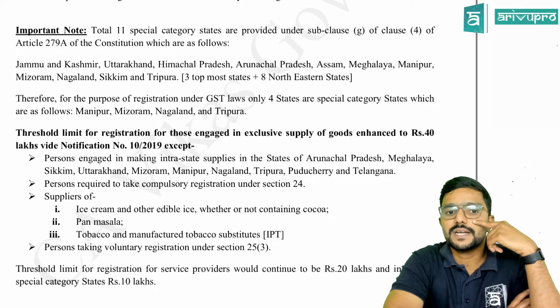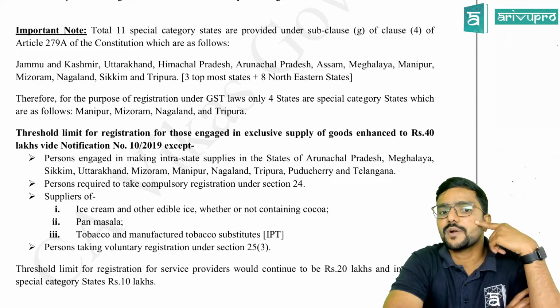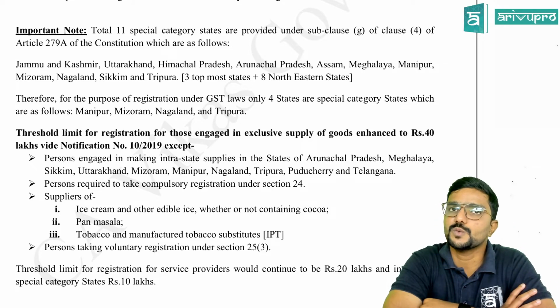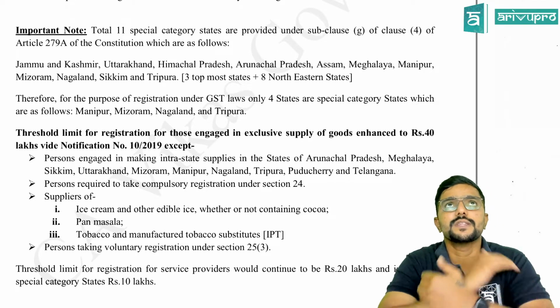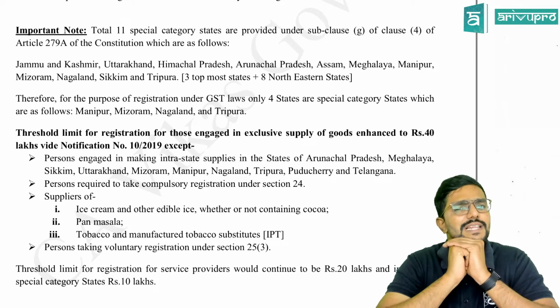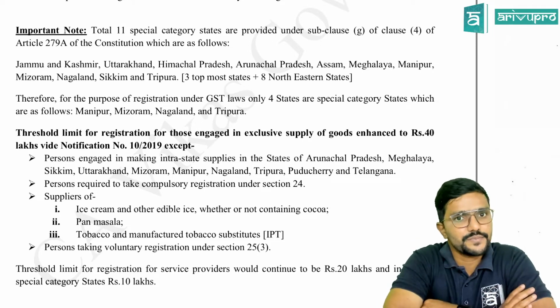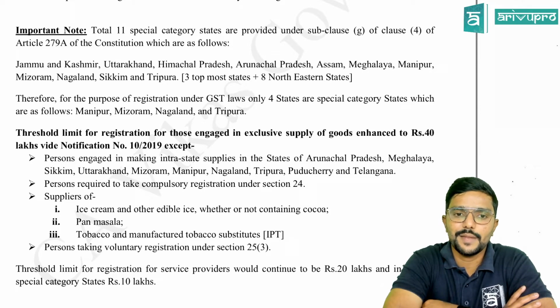Total 11 special category states are provided under subclause G of clause 4 of article 279A of the Constitution. Which are those? 3 topmost states, or hill states I can call, plus 8 northeastern states, guys. Which are those? Jammu and Kashmir, Uttarakhand, Himachal Pradesh, Arunachal Pradesh, Assam, Meghalaya, Manipur, Mizoram, Nagaland, Sikkim and Tripura.